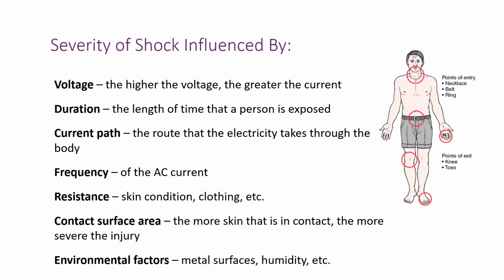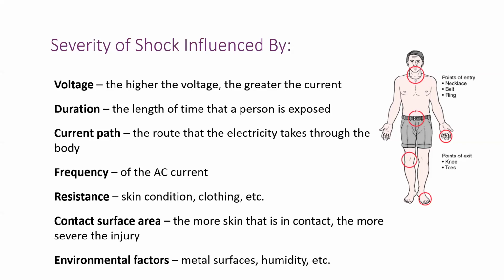There are many factors which can influence the severity of electrical shock, which includes voltage. The higher the voltage, the greater the current, which means more electrons are going to be distributed in our body, and more force is applied due to the voltage. So that means more disaster in our body.